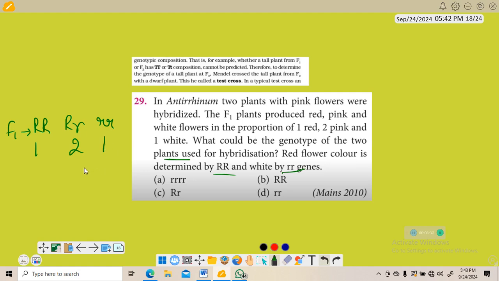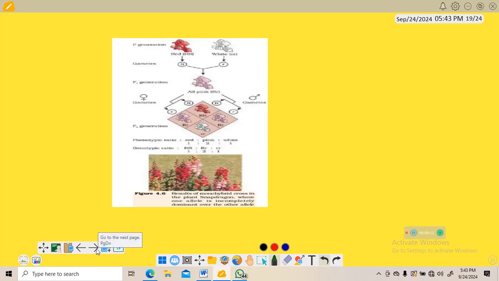What is the genotype of the plants used for hybridization? So they are talking about pink flowers. Okay, next is, this is part of incomplete dominance.